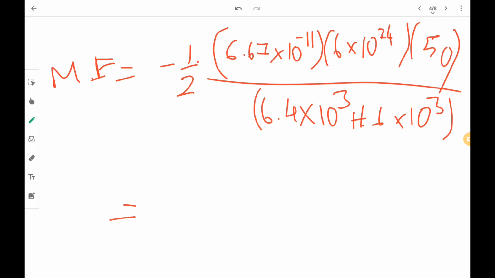You will get minus 1.25 times 10 to the power of 9 joules.